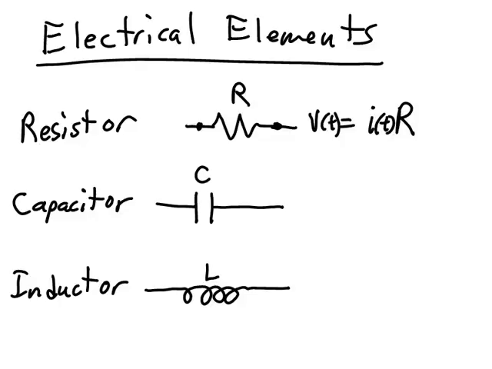The reason that we have to pay attention to these things changing over time, now that we're looking at electrical elements in terms of systems, is because when we analyze circuits as systems, we're not only paying attention to the steady state of the circuit, we're also paying attention to the transient behavior of the system.